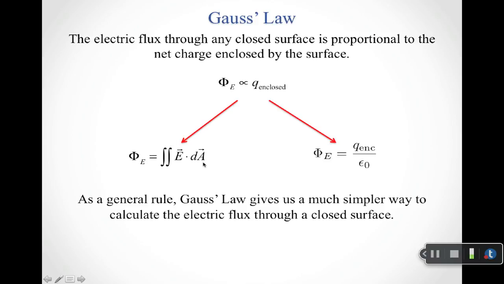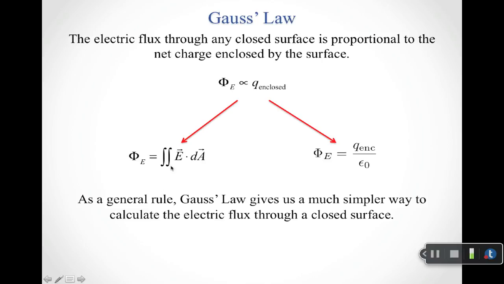We don't need to deal with this double integral. All we need to do is count up the charge enclosed by our surface and divide by epsilon naught, and that's going to give us the exact same value. So Gauss's law can be incredibly powerful in terms of calculating the electric flux.